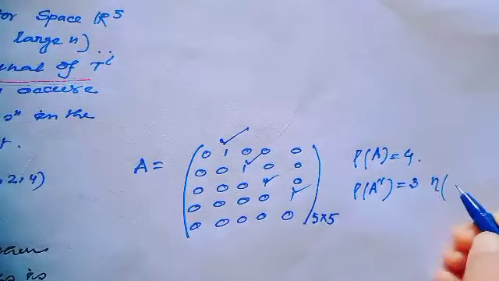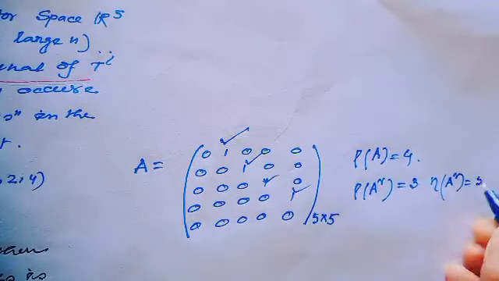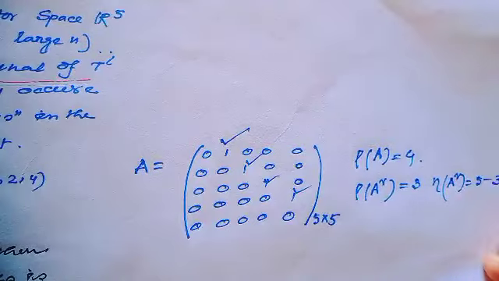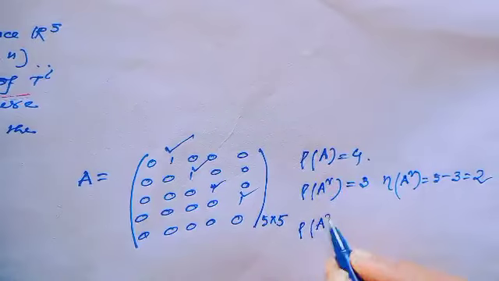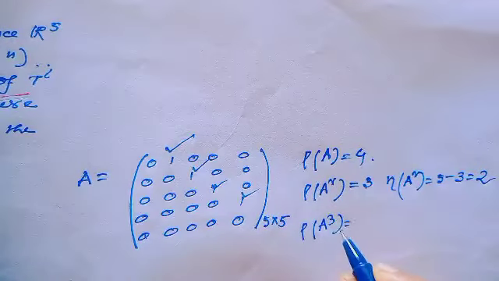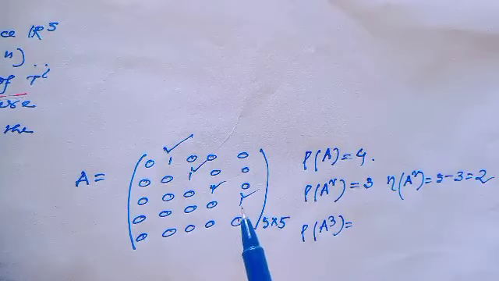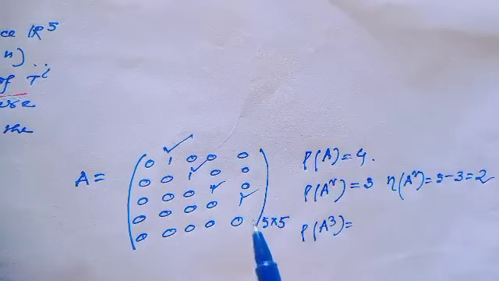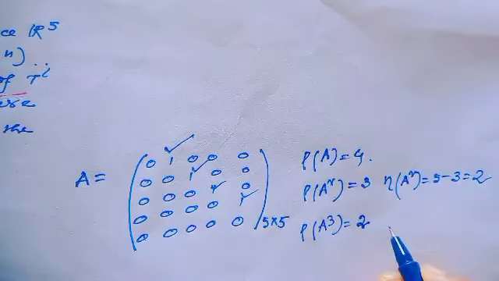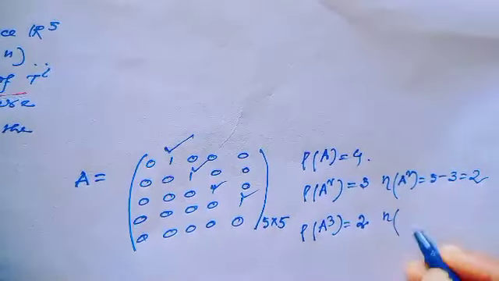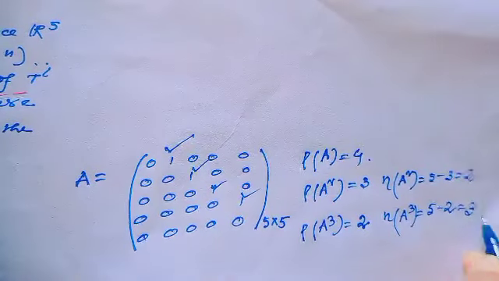Then the nullity of A square would be 5 minus 3 equal to 2, and the rank of A cube would reduce again by 1. Just calculate. So the rank of A cube would be 2 and the nullity of A cube would be 5 minus 2, which is equal to 3.